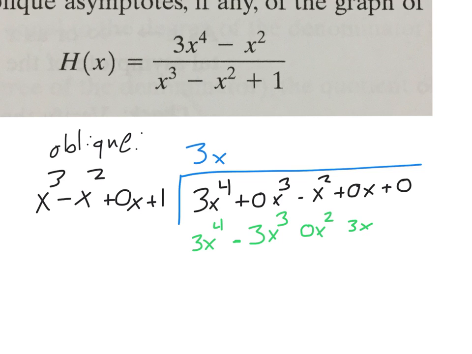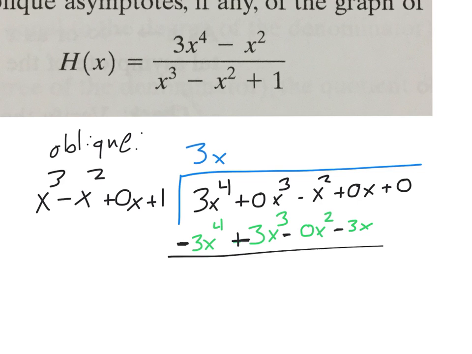So guess what I have to do here? I have to subtract these terms, which means the 3x to the fourth is being subtracted. When I subtract a 3x to the third, that's minus a negative, so that becomes positive. My 0x to the second was positive, it becomes negative. My 3x was positive, it becomes negative. It changes the sign of every one of those terms.